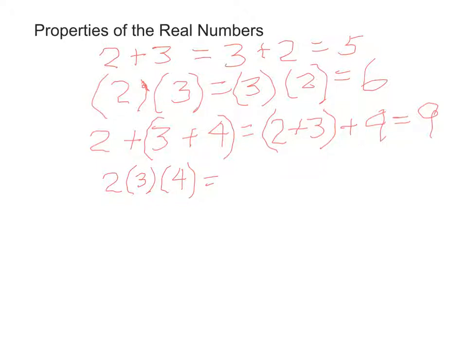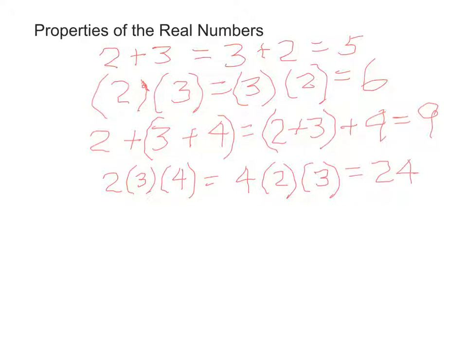I could also say 4 times 3 is 12, times 2 is 24. So for the associative property of multiplication, I could change this to be 4 times 2, which is 8, times 3. And in all cases, this is equal to 24. This is the associative property of multiplication.